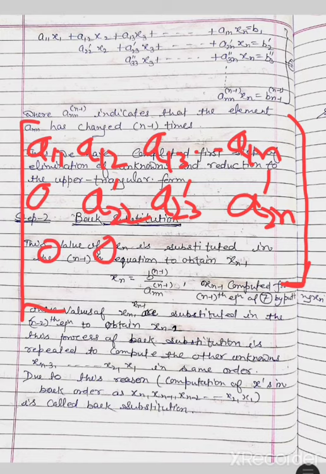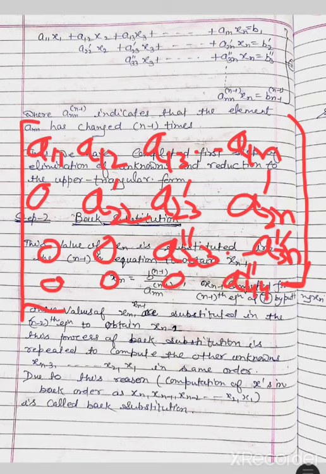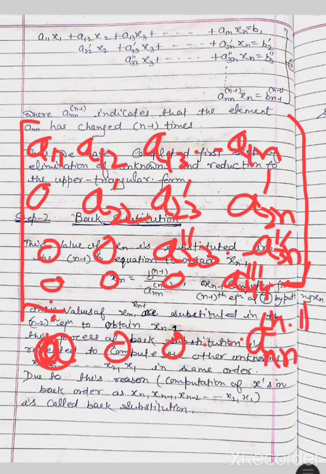Then 0, 0, a33 double prime up to a3n twice prime, and similarly 0, 0, 0, a44 3 times prime and so on, a4n 3 times prime, and in the last row we get 0, 0, 0 and last ann n minus 1 times prime.